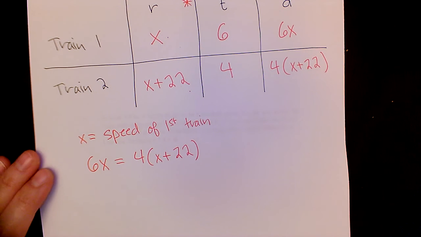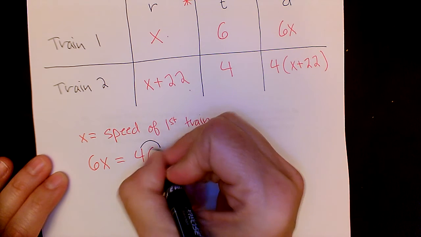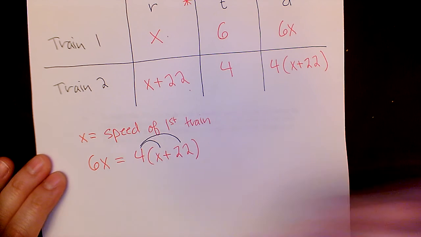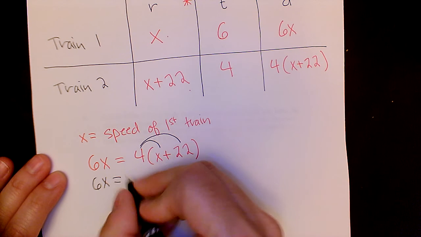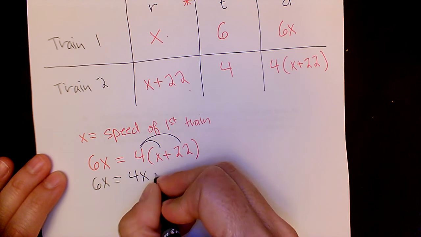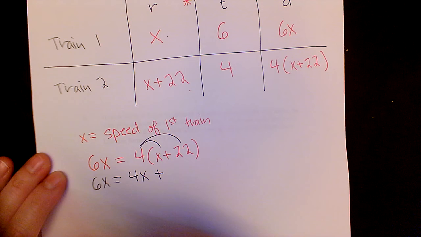Okay, and I'm just going to do a regular solve. I'm going to distribute this 4. So 4 times x is 4x, and 4 times 22 is 88.